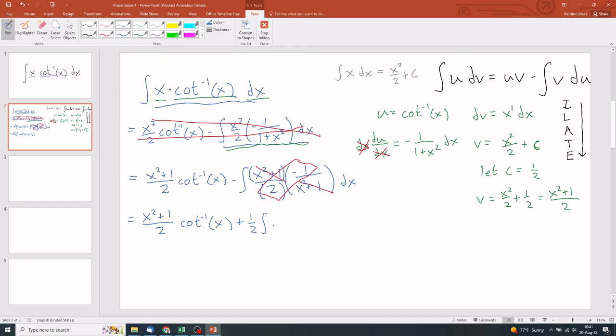Everything canceled or got pulled out, so that means you have just 1. Let's go ahead and evaluate that. This will be the final answer on this step. So x squared plus 1 over 2 times arc cotangent of x. The antiderivative of 1 with respect to x is just x, so we have x over 2.